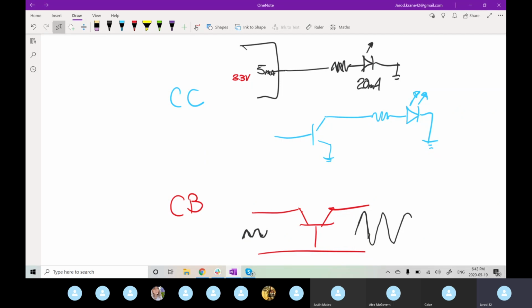So it's possible to use the common emitter configuration if you wanted to do either, since it's capable of doing both of these tasks. Other questions?